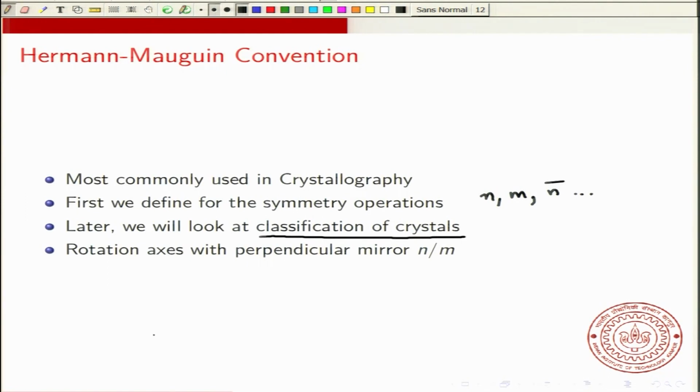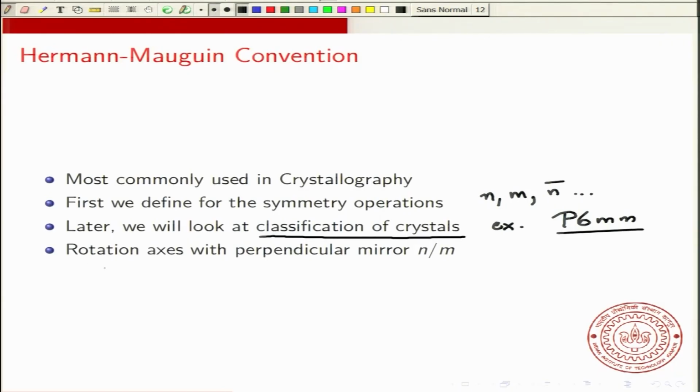Okay. So, you will see things like, for example, P6mm. This is a Hermann-Mauguin convention for a crystal. It's not a Hermann-Mauguin convention for a symmetry operation, but essentially each of these names, we will see later how to interpret such a name. That convention is something that we will look at.